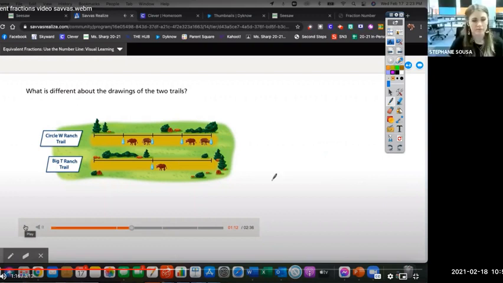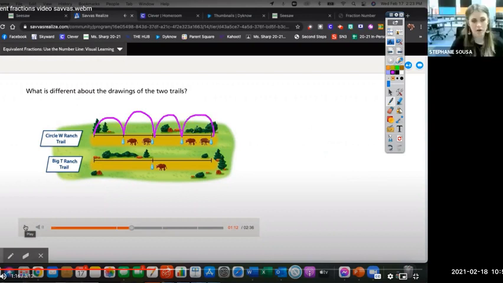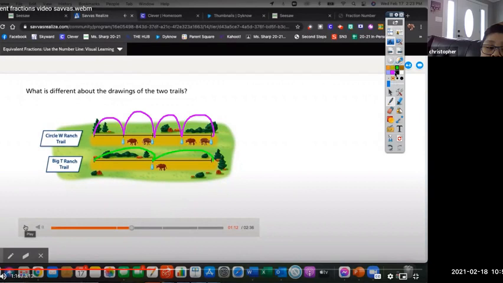The top one has 4 water locations and the bottom one has just 1. Yes, our top one, Circle W Ranch, has 4 watering locations. The Big T Ranch has 1 watering location.